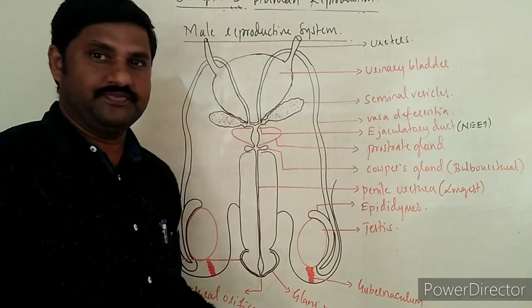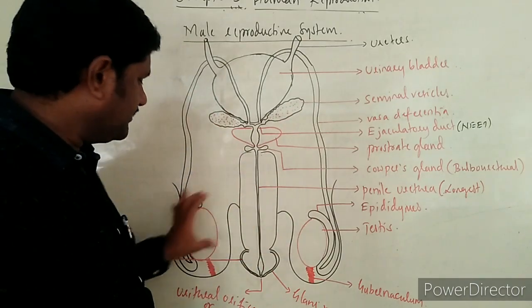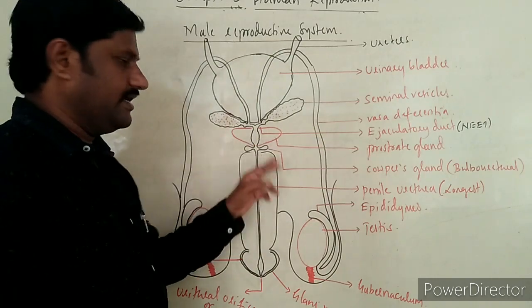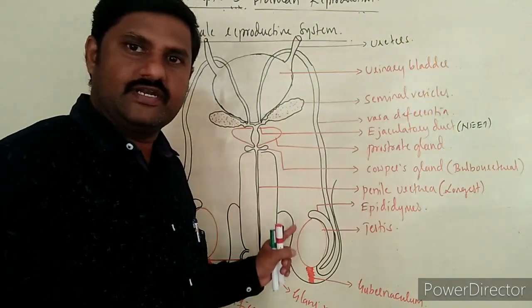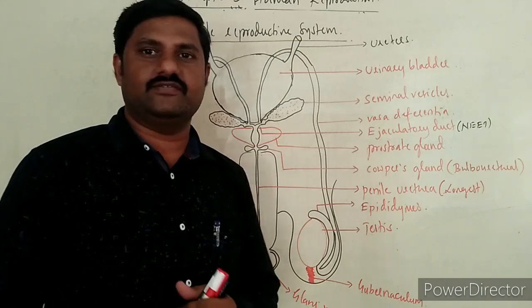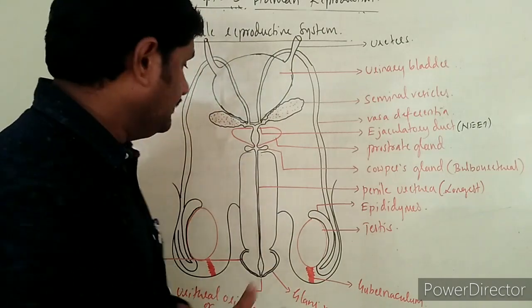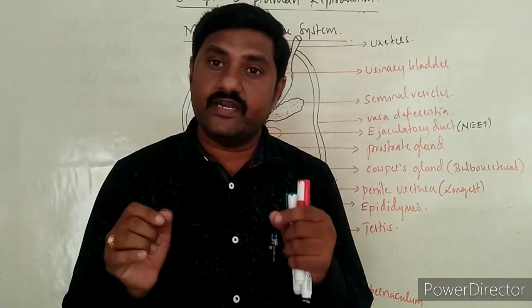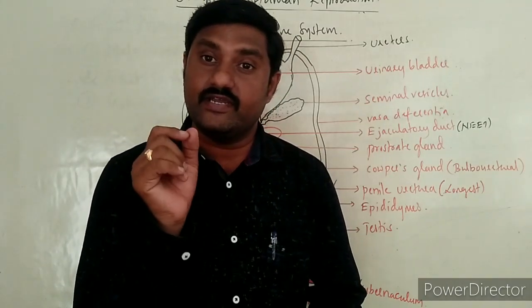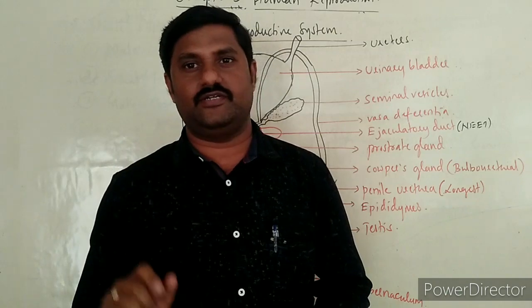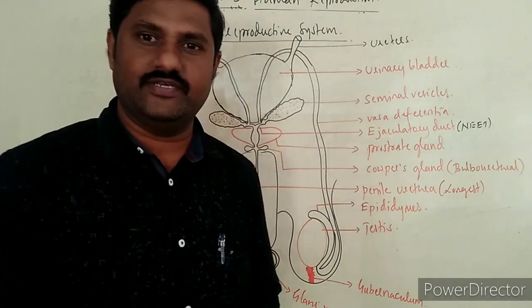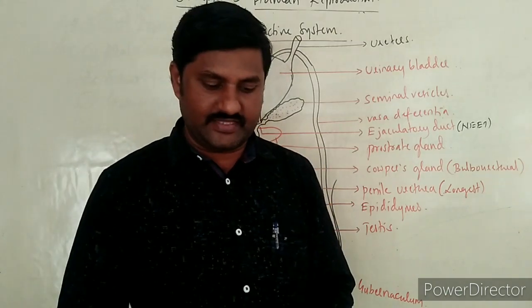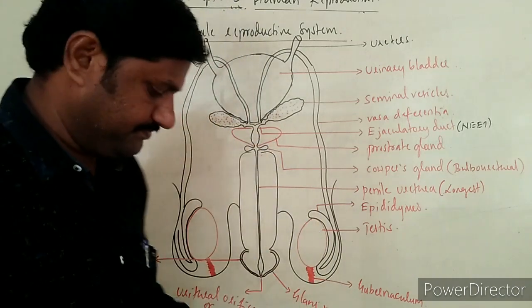Already I have told you, the primary sex organ, all others are secondary sex organs, external genitalia, these are the headings that we come across. So separately we studied the accessory ducts, and accessory glands and their respective secretions are also studied thoroughly. Alright, so let us start with the accessory glands.